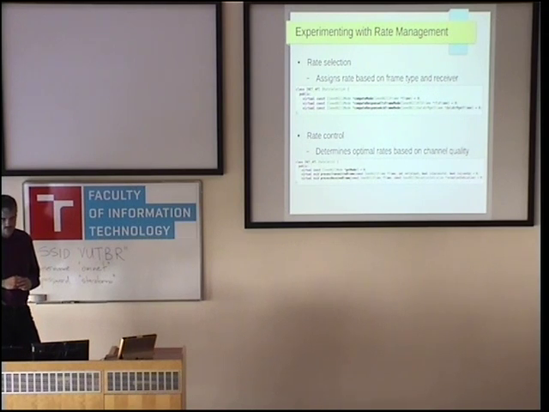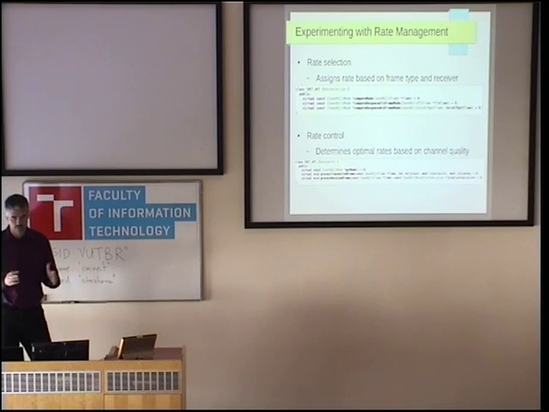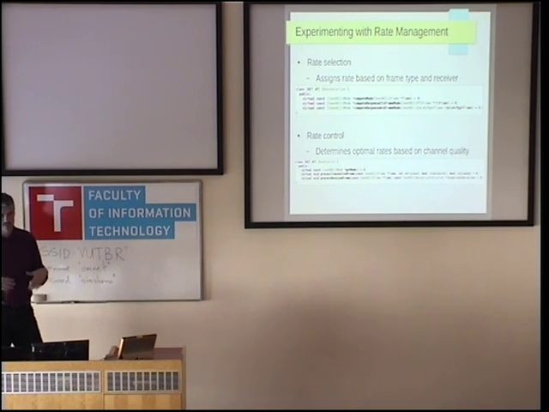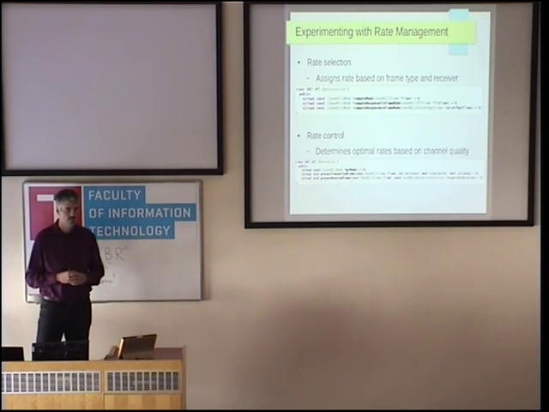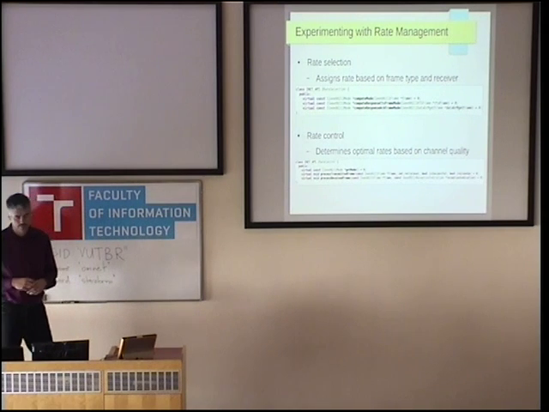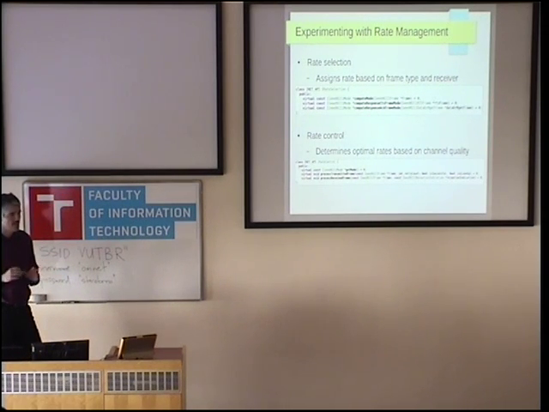There's another component called rate control, which limits the available set of rates before the rate selection kicks in, trying to optimize based on the channel quality. Both algorithms can be experimented with very easily without touching the rest of the system. We already have a couple of implementations for rate control, like three different ones, and for rate selection at least two different ones.